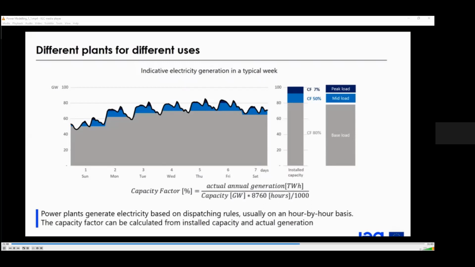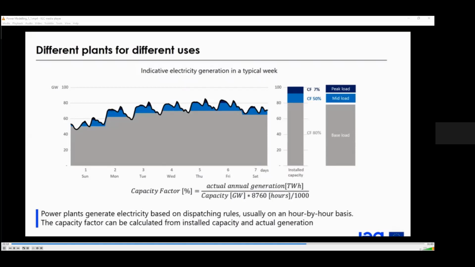So in gray, baseload plants would operate generally with capacity factors or utilization rates around 80%. 80% of the year, baseload plants would be used to meet demand. Midload would be generally used 50% of the year, and peak load runs very much fewer hours.